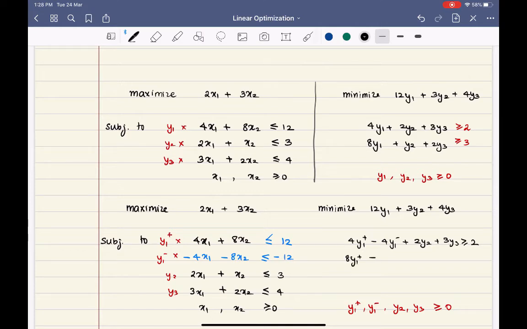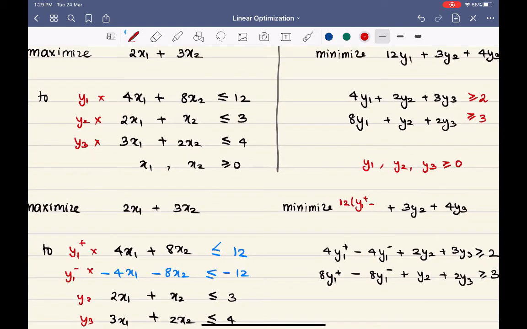8y1 plus minus 8y1 minus plus y2 plus 2y3 is bigger than or equal to 3. And then what happens to the objective? It becomes 12 times y1 plus minus y1 minus.